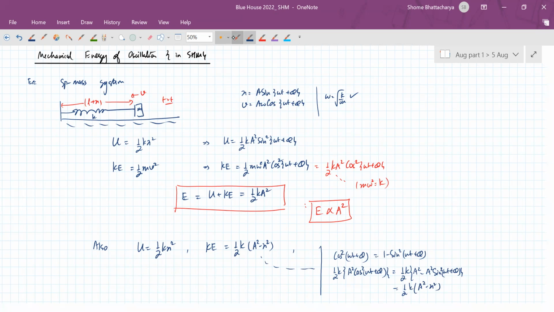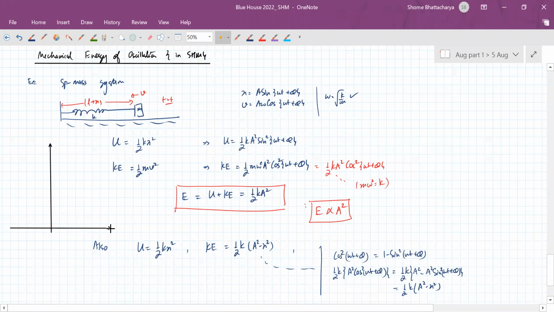So if you also look at this graphically, in terms of position, look at energy. The potential energy function is parabolic like this.